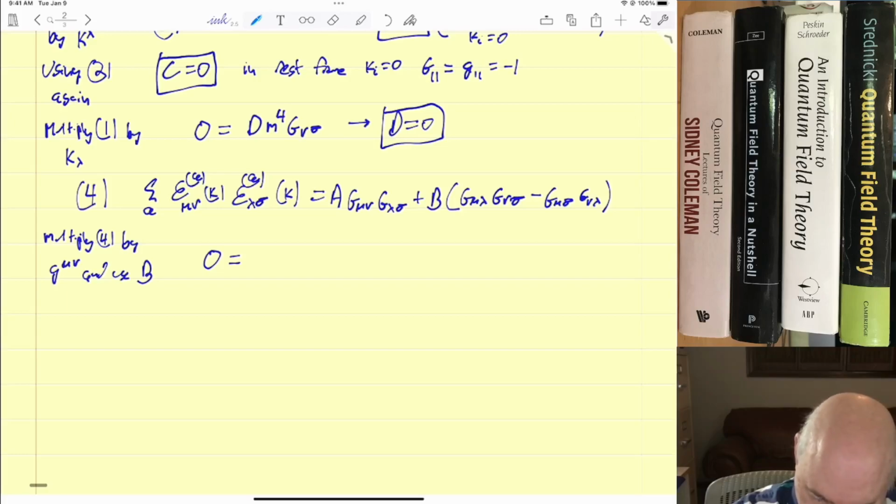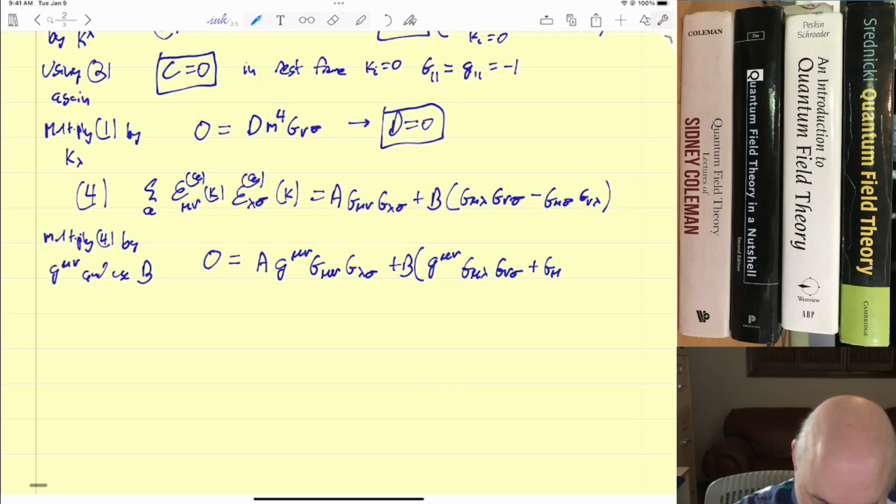And so on the other side, we're going to get A g mu nu g mu nu g lambda sigma plus B g mu nu g mu lambda g nu sigma plus, I don't know why I wrote a minus sign there.